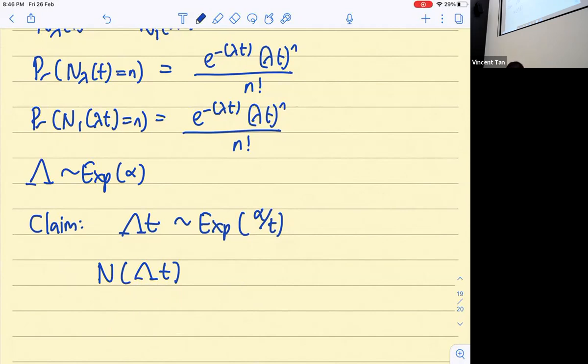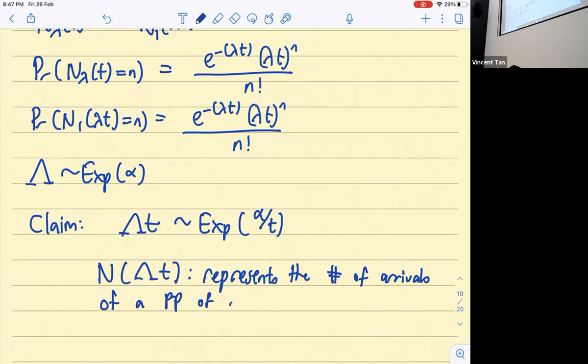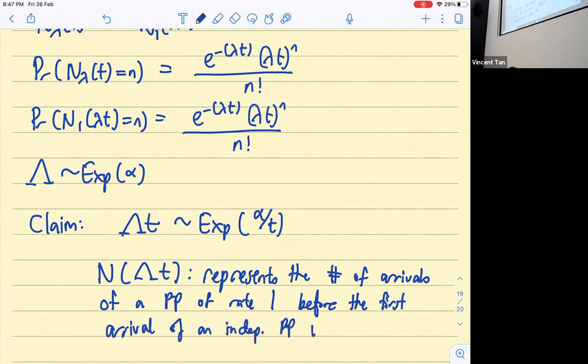Okay, let me just write it down before I explain more. So what is the meaning of this? This represents the number of arrivals of a Poisson process of rate 1 before the first arrival of an independent Poisson process with rate alpha over t.